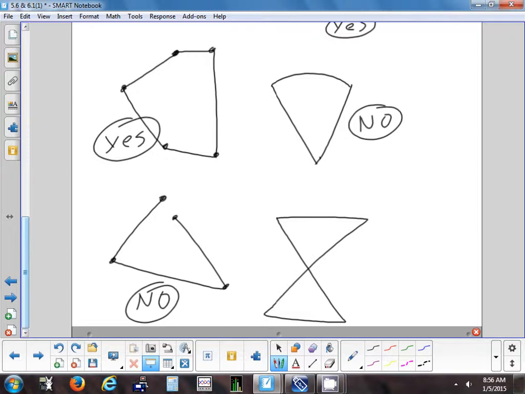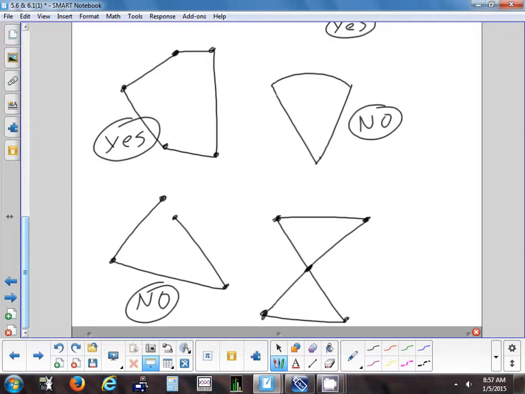How about this hourglass kind of shape? Is that a polygon? Let's mark the vertices. No, that's not a polygon. It's all segments, and there's more than 3, but each vertex doesn't have 2 coming from it. This one does, that one does, but the one in the middle has 4.